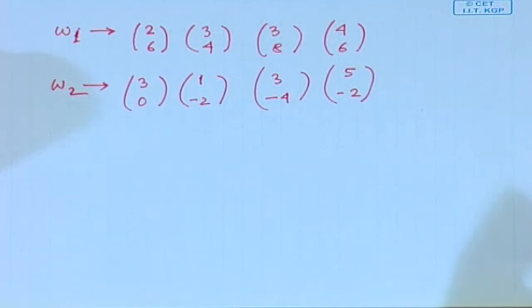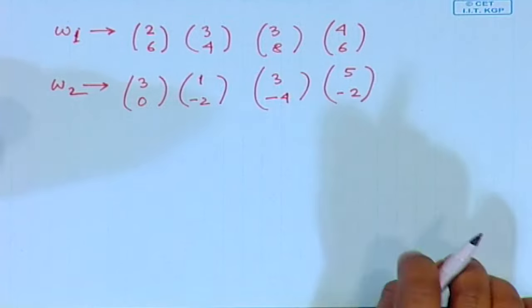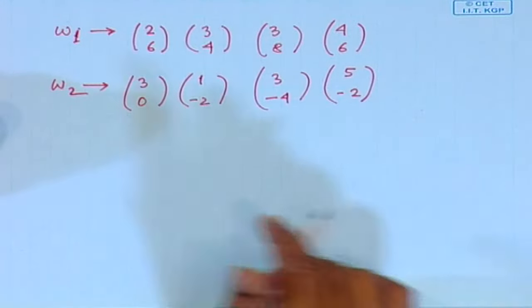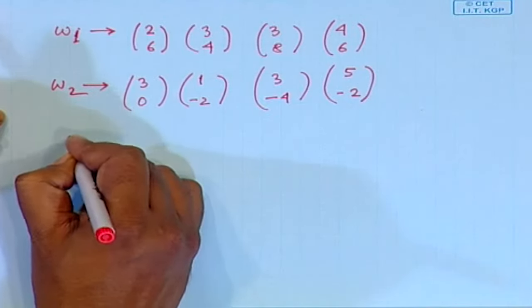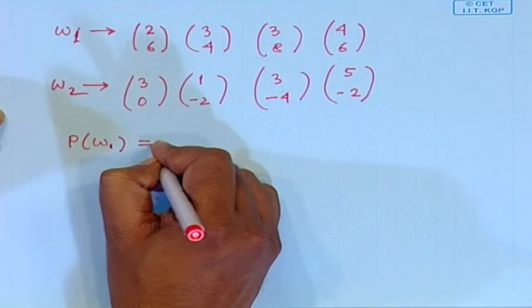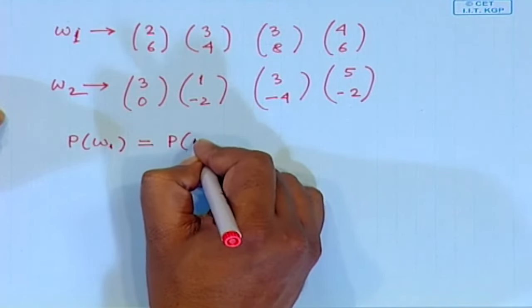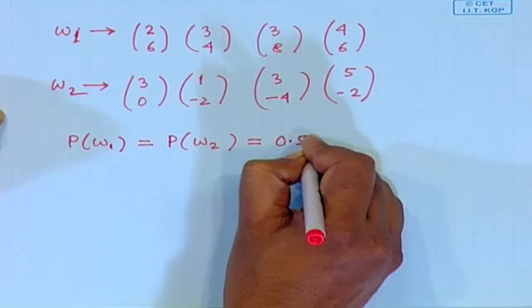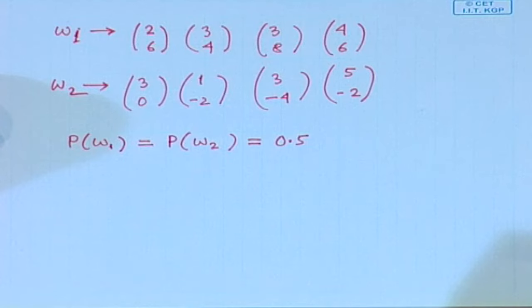So these are the training samples belonging to the two classes omega 1 and omega 2 which are given. And it is also said that the a priori probability P of omega 1 is equal to P of omega 2, and naturally this is equal to 0.5. Okay.